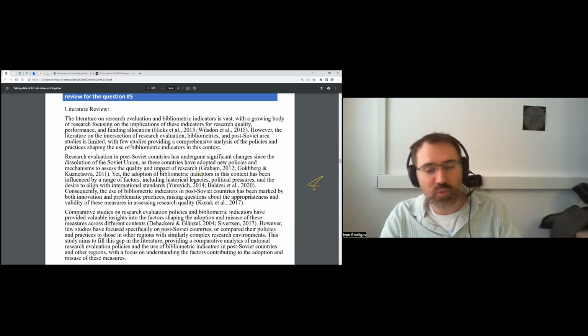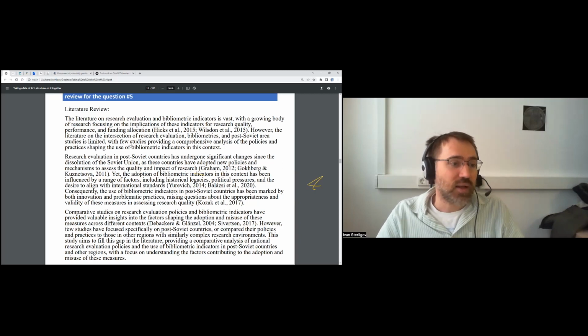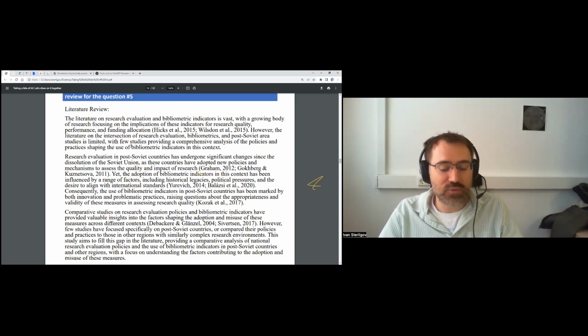This is GPT-4, and from my experience, it hallucinates much less than the previous version, but still it does. This literature review is too generic, and that's natural because we did not provide any sufficient context.